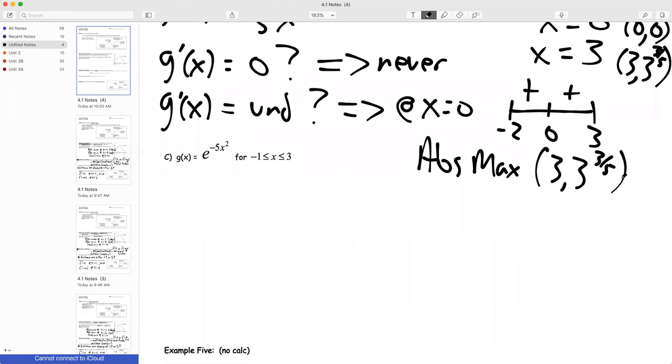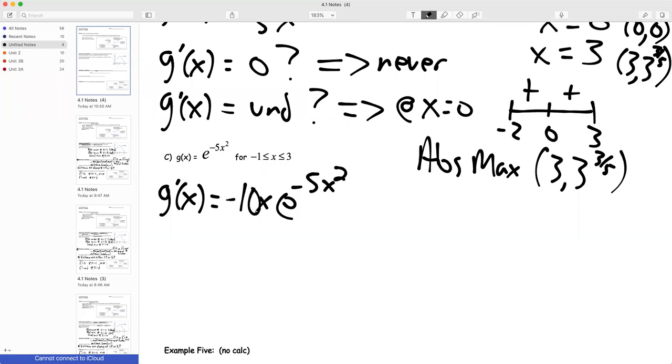Okay, here we go. Two more to go. This one, g of x is equal to e to the negative 5x squared. I'm going to find g prime of x. So what's my derivative? It'd be e to the negative 5x squared times the derivative of the exponent, which is negative 10x.